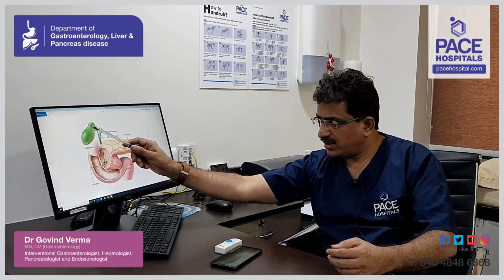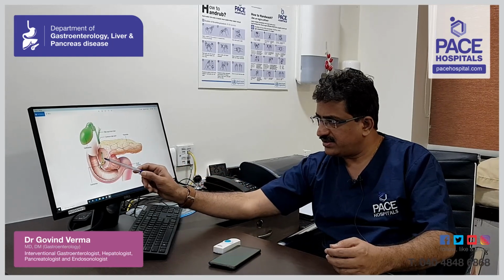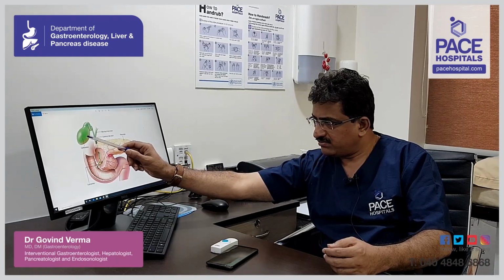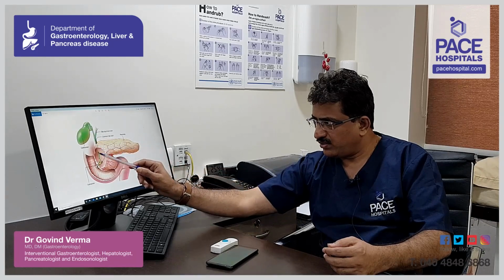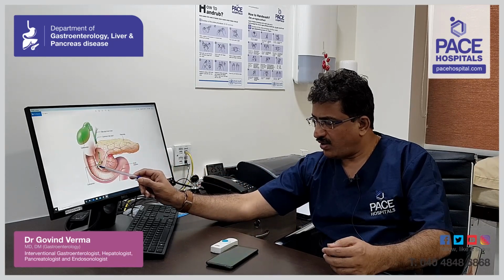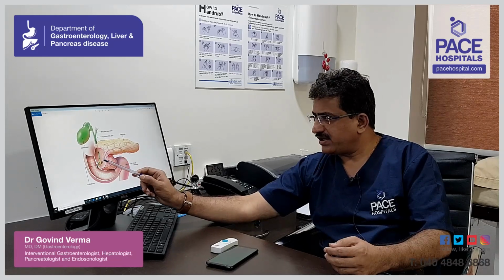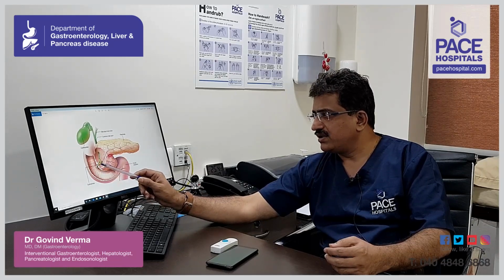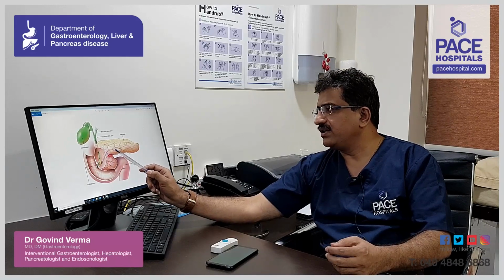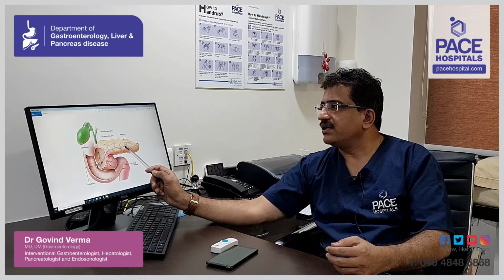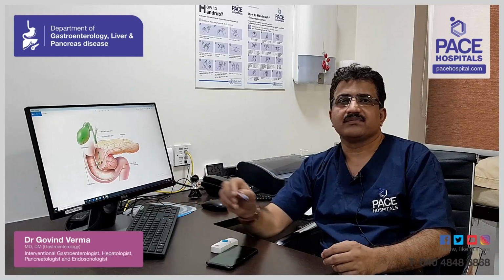So when we talk about gallstone pancreatitis, basically the stone or microlithiasis, most of the time a stone, blocks the orifice of the pancreatic duct, thereby not allowing pancreatic secretions to come into the intestine. This backflow causes acute pancreatitis in patients with gallstone pancreatitis.